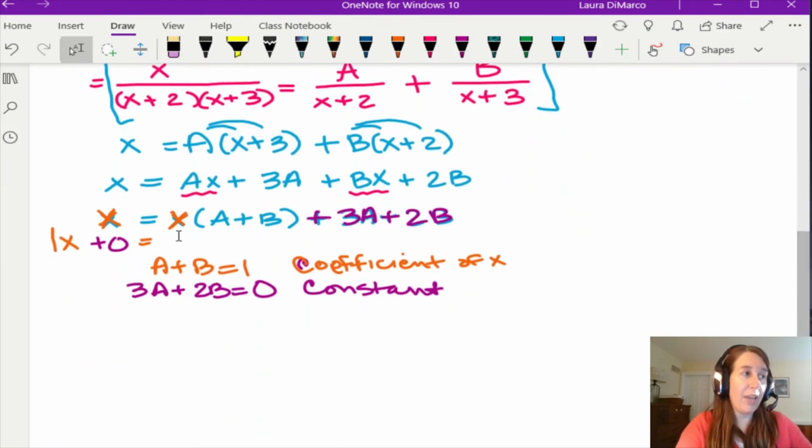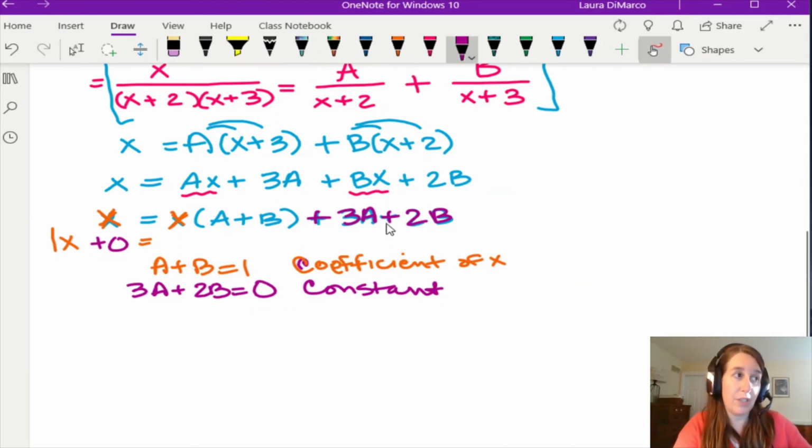Now, what we have and what we're always going to have is a simple little system, right? a plus b equals 1, 3a plus 2b equals 0, that we solve using substitution or elimination. So, for example, if we wanted to use elimination, you might want to multiply this first equation by -2.